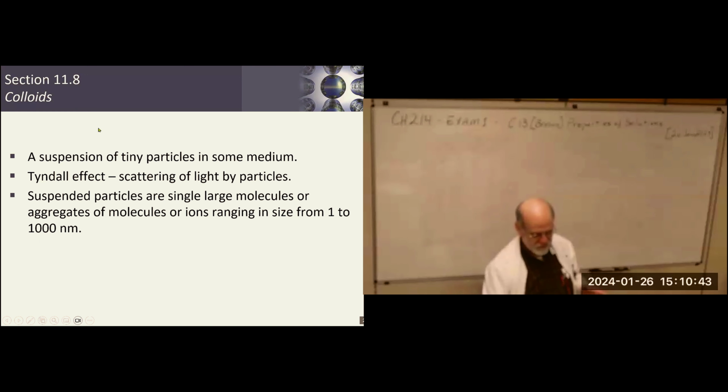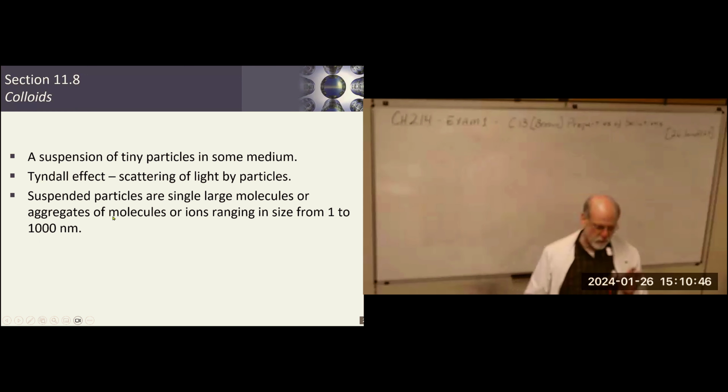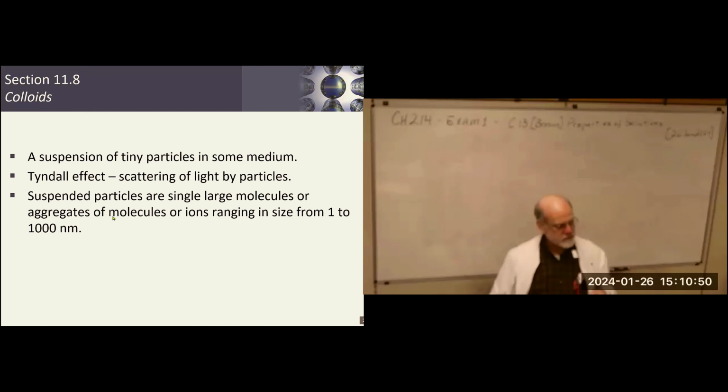So molecules or ions typically are in the size of between 1 and 1,000 nanometers. Let's see, 1,000 nanometers is a milli. What's between milli and nano? Milli's a thousandth, nano's a billionth.